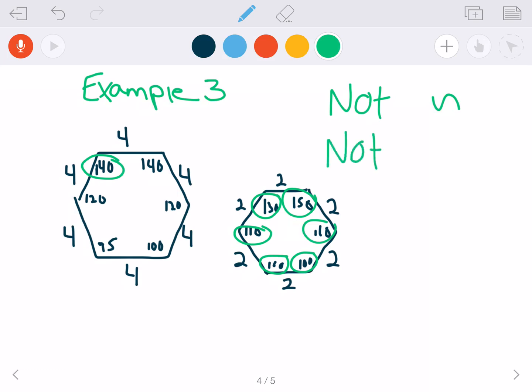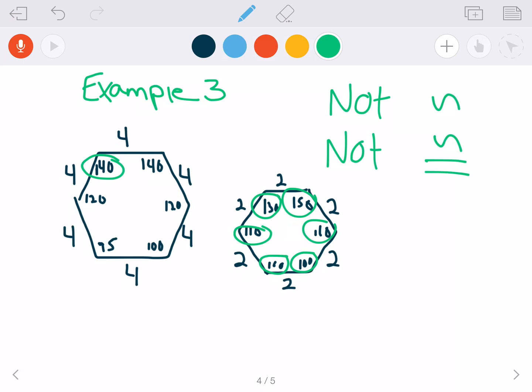Automatically, I can say because the angles are not all the same, it is not going to be similar, and it's not congruent. The very last thing I will just say is congruent is always going to be the easiest one to pick out, because if it's congruent, it means they look exactly the same.